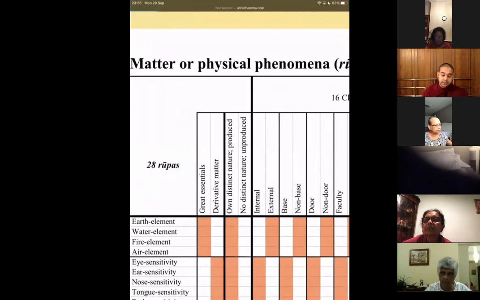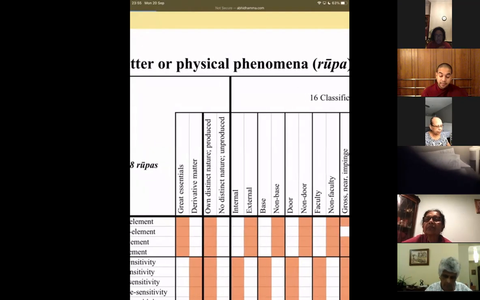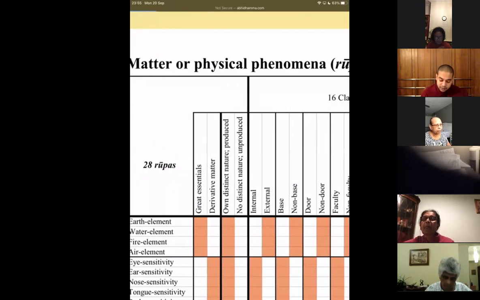Now, these are the 28: the first great essentials, derivative matter, rupas that have their own distinct nature. We are just going through the names.